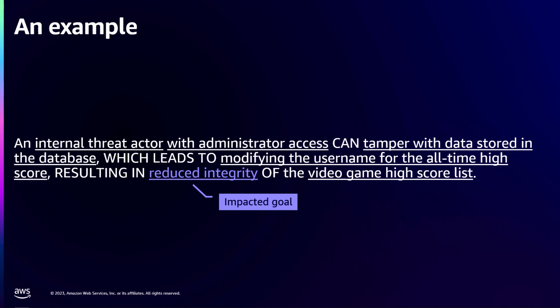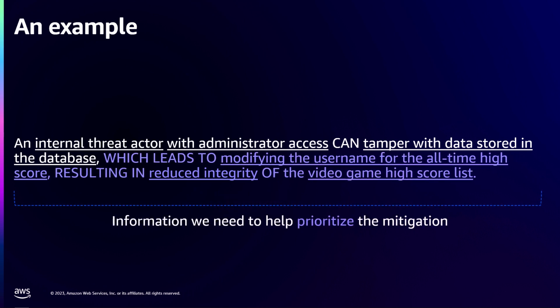In this case, we've selected integrity. Because it's a video game high score list, we don't care about its confidentiality. That's public information, but we do care about its integrity, which helps us prioritize this threat over others. So that portion at the end gives us the information we need to help prioritize the mitigation and the associated threats.